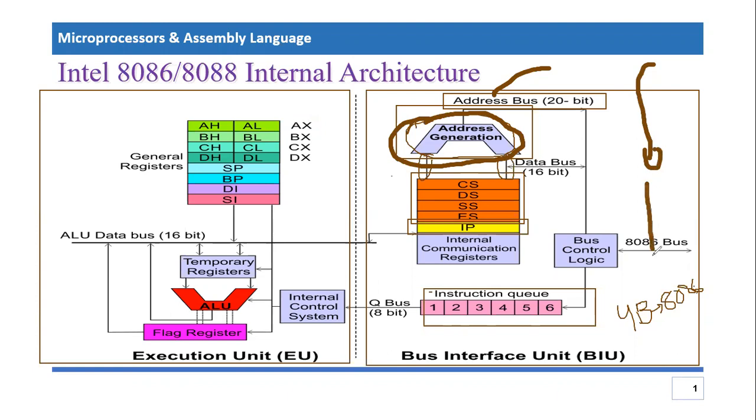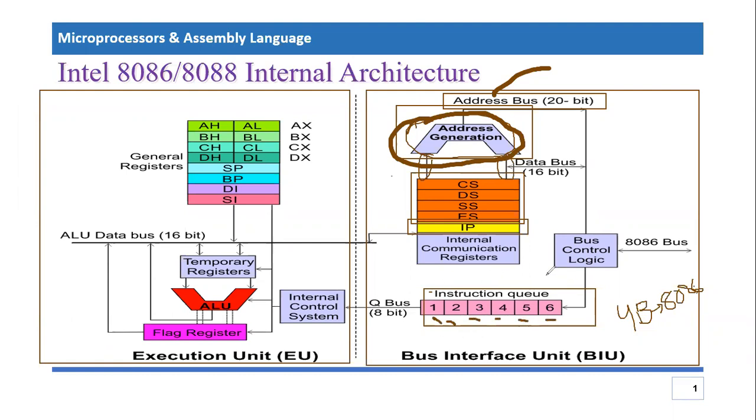So first of all, it will go here into the instruction queue, because this is the place where it will first be stored, and we will process it in its turn, right? So first byte, second byte, third byte, fourth byte, fifth byte, sixth byte.